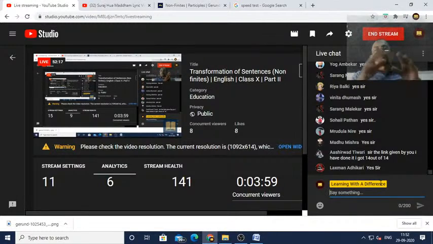All the very best, and do prepare from the Government of India guidelines on social distancing. You can go through the social distancing guidelines of Maharashtra also, state-wise.